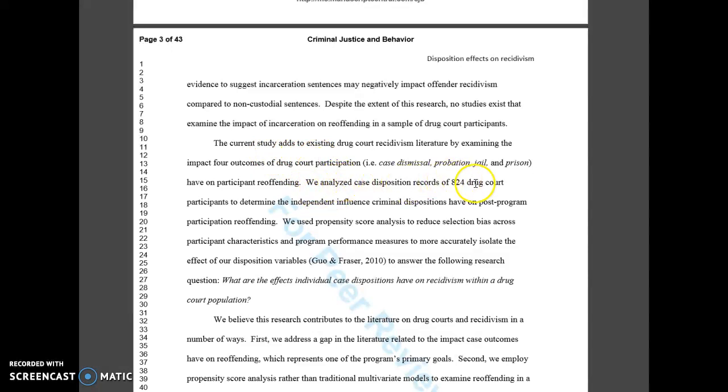You also get here the exact sample size, which was question 3 on the quiz. What is your sample size? The answer is 824. As you see, we analyzed case disposition records of 824 drug court participants to determine the independent influence criminal dispositions have on program reoffending.